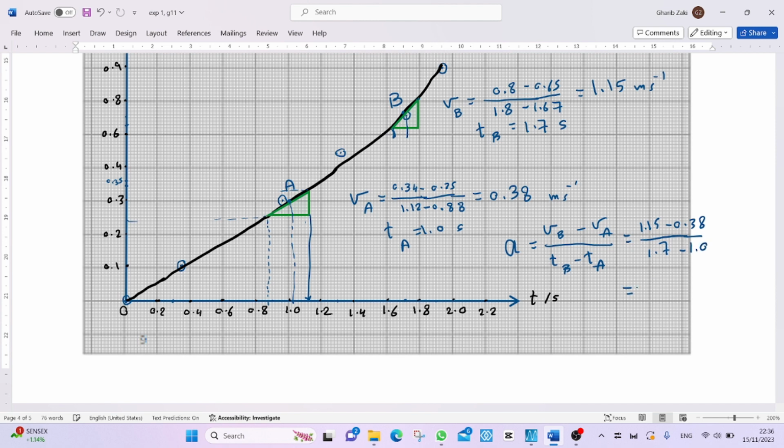The acceleration is 1.10 meter per second squared.